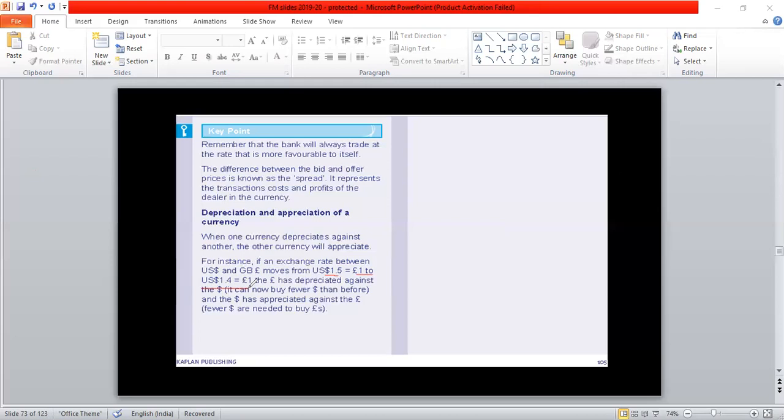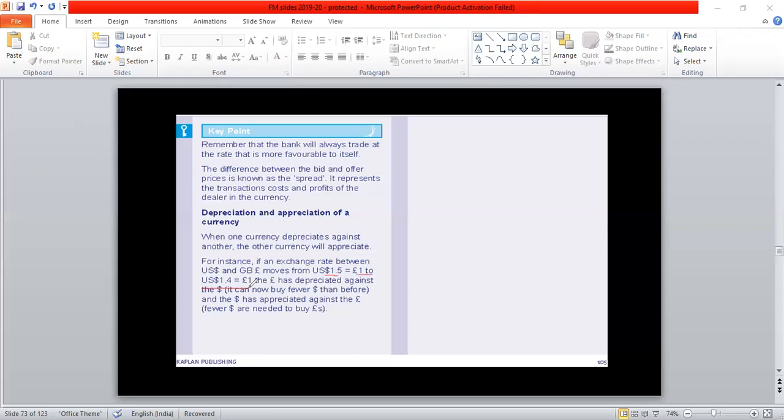It can now buy fewer dollars than before. Earlier, for every 1 pound, it was able to get $1.5. Now 1 pound is able to get only $1.4.